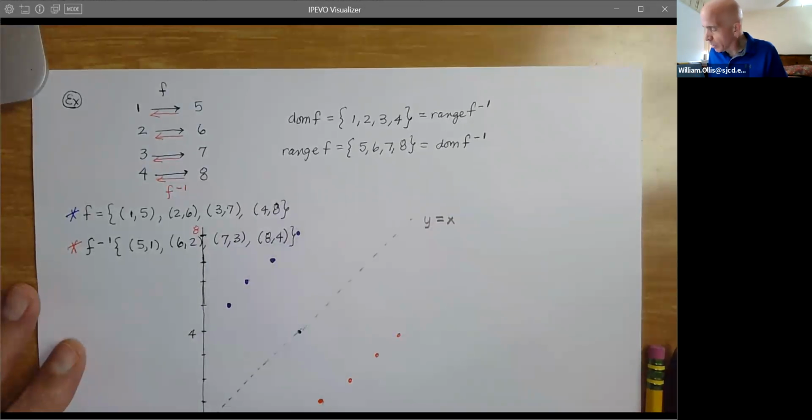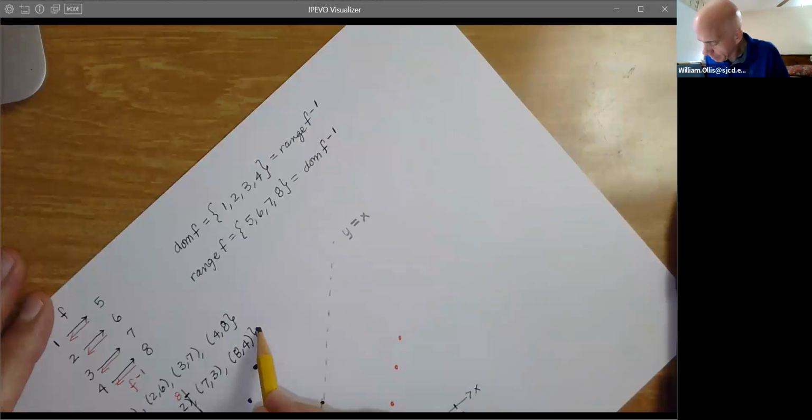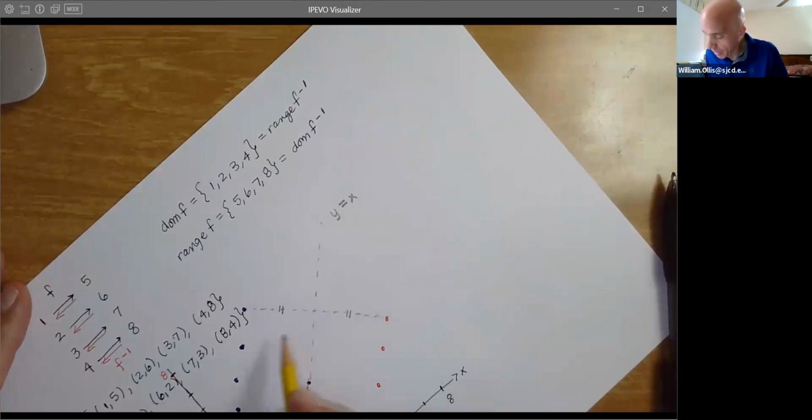So now when we look at this, we compare this. The distance between this point and the line y equal x equals this distance, this point to the line y equal x, by the symmetry principle. Again, our picture won't be perfect, but it will certainly illustrate it if we make sure that the axes look right.